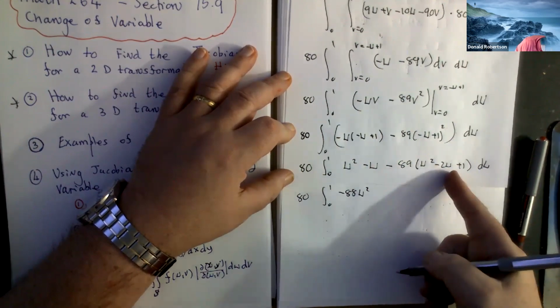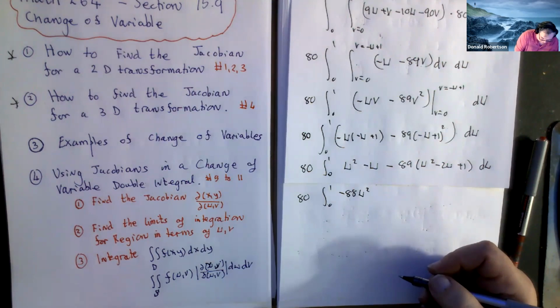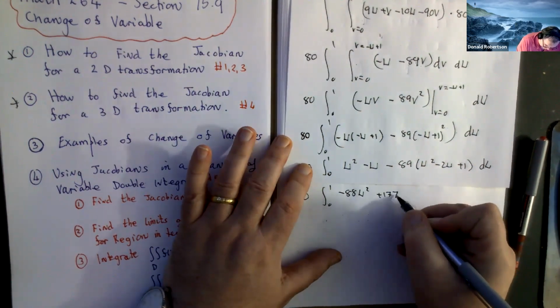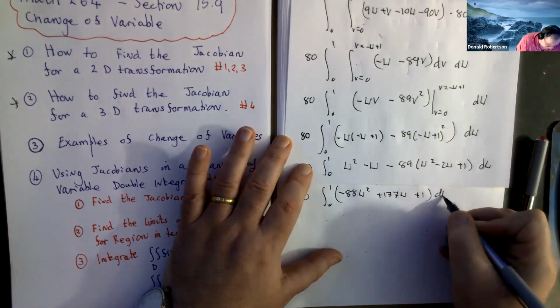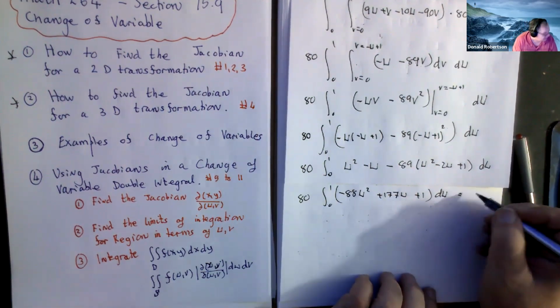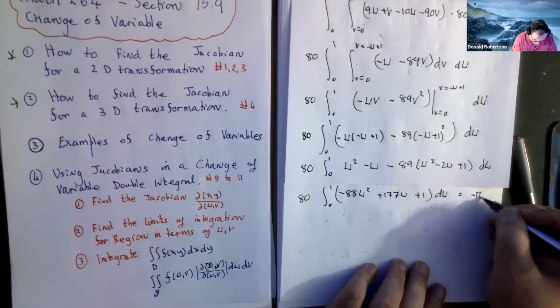That guy, add that, so what's that, 160, 177. And when you're finished, and I'll take their word for it, you end up with negative 1200.